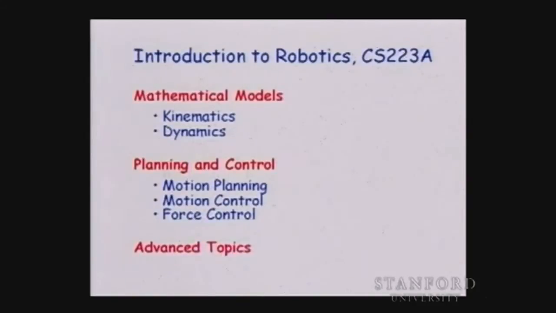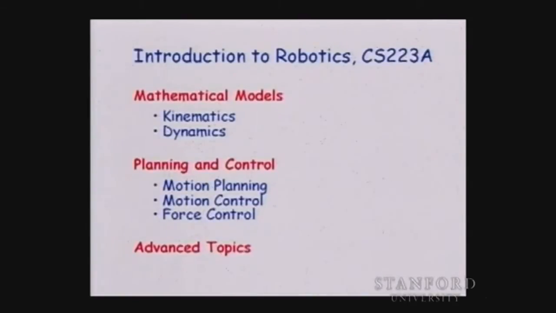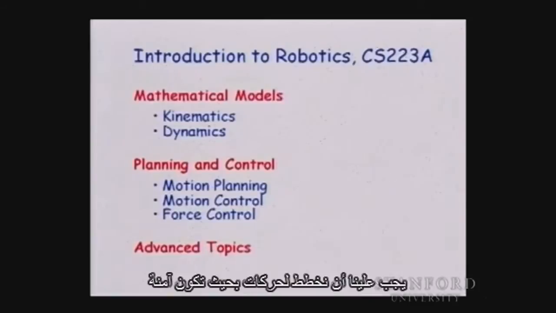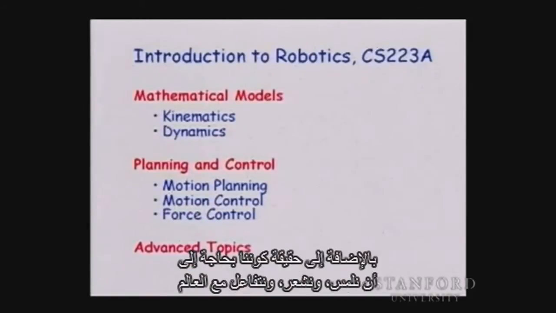And we will then use these models to create controllers, and we are going to control motions, so we need to plan these motions. We need to plan motions that are safe, and we need to generate trajectories that are smooth. So these are the issues that we need to address in planning and control, in addition to the fact that we need to touch, feel, and interact with the world.